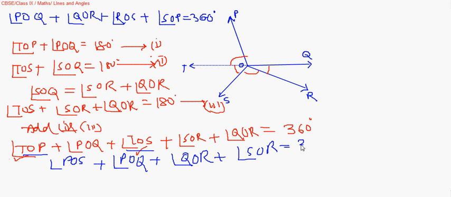This is equal to 360. POS is this whole angle, then it's POQ, then QOR, and then SOR, and the sum is equal to 360. That is what we were supposed to prove. Look at the question here. We got it right. See you in another session. Thank you.